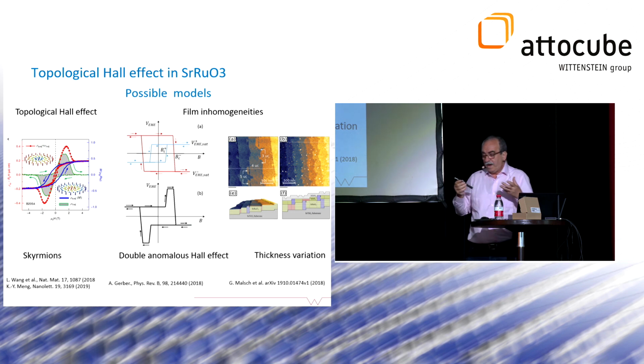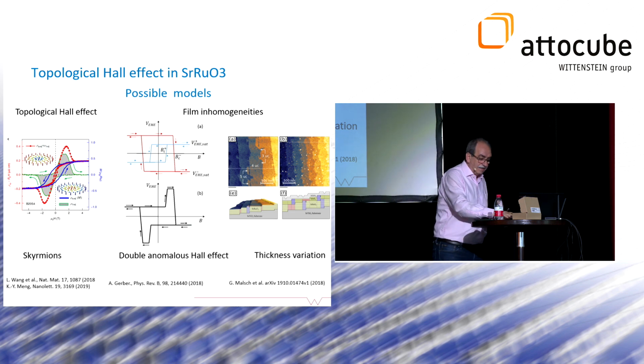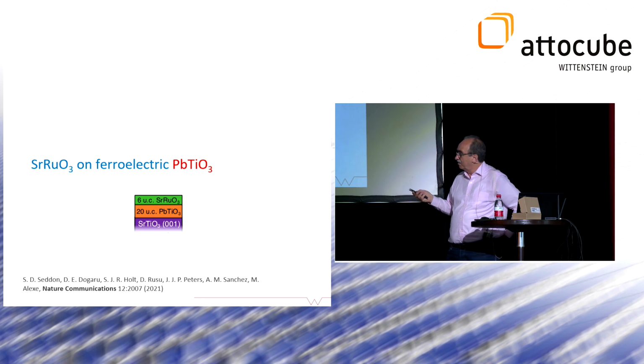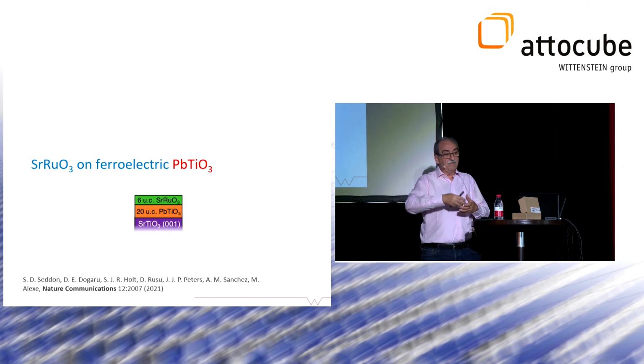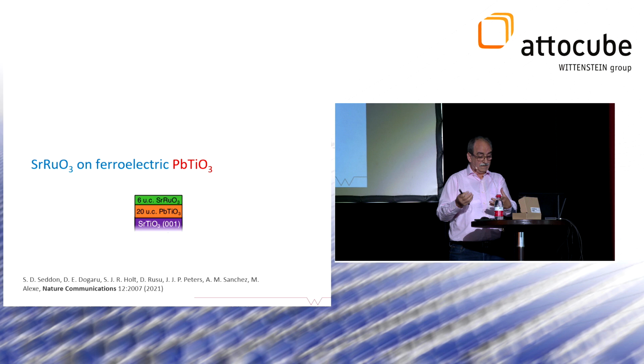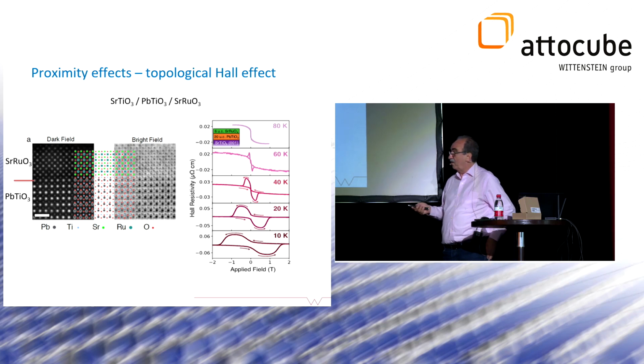So we decided, okay, let's do the same or similar things, having a strontium ruthenate film on lead titanate, which is an even stronger ferroelectric than barium titanate. And we knew how to do that in a very well-defined way, and let's see if we have a topological Hall effect.